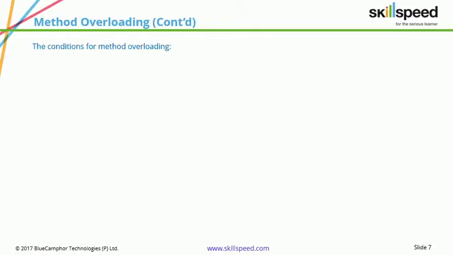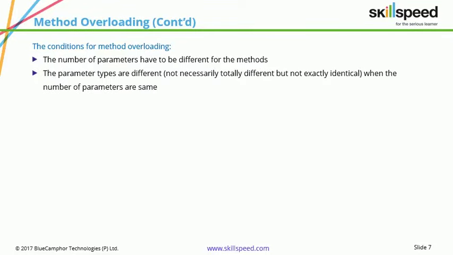Let us formally look at the conditions required for method overloading. The number of parameters has to be different for different methods, though the method name is the same. The parameter types are different, not necessarily totally different, but not exactly identical when the number of parameters is the same.